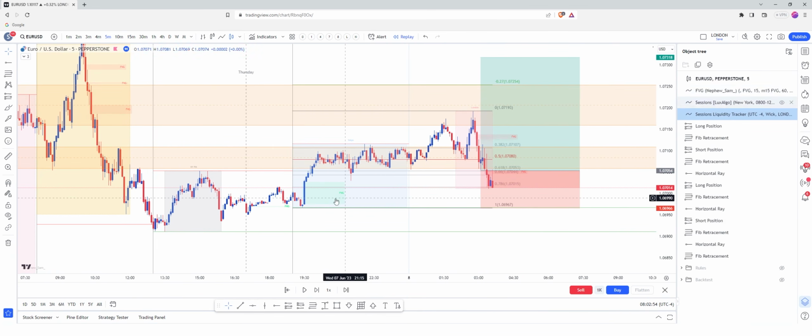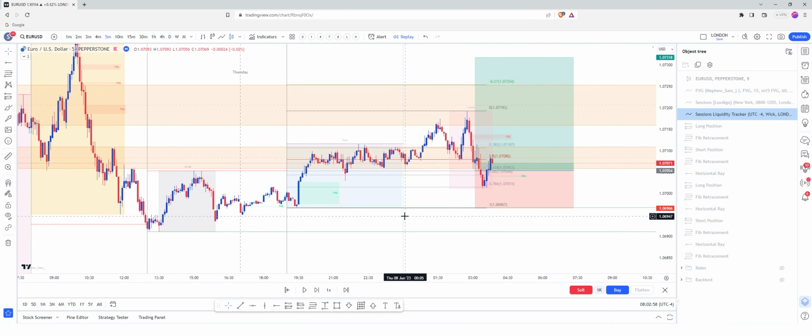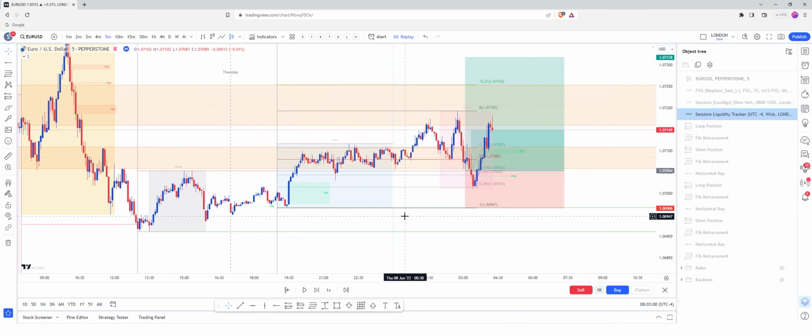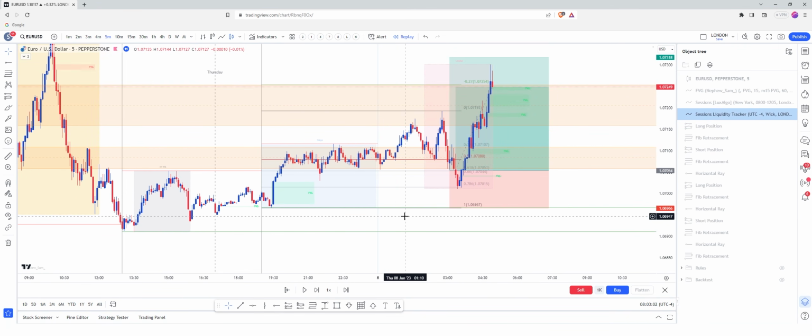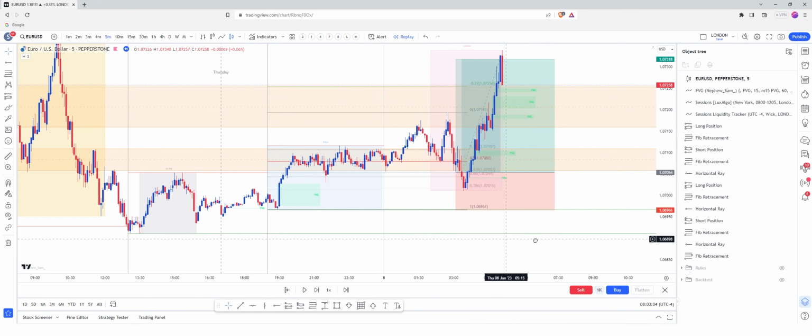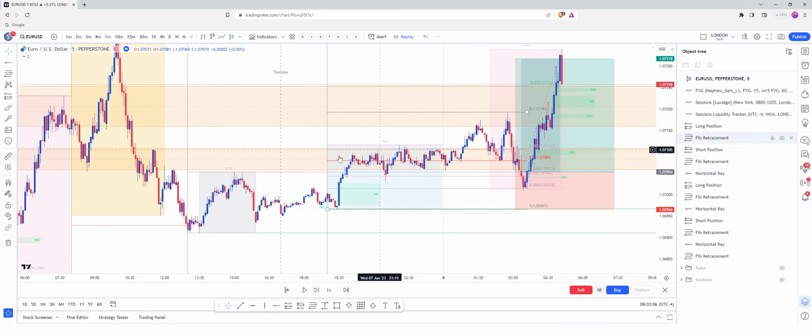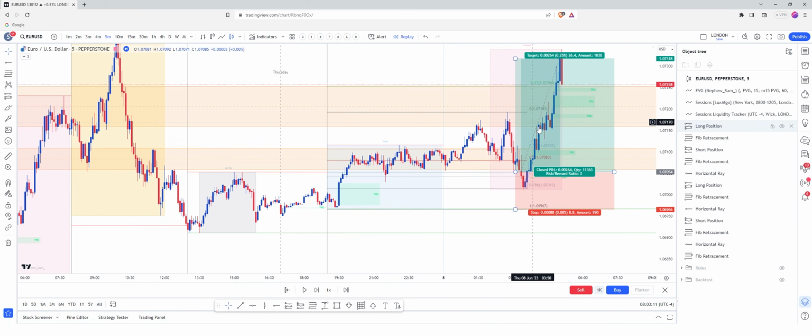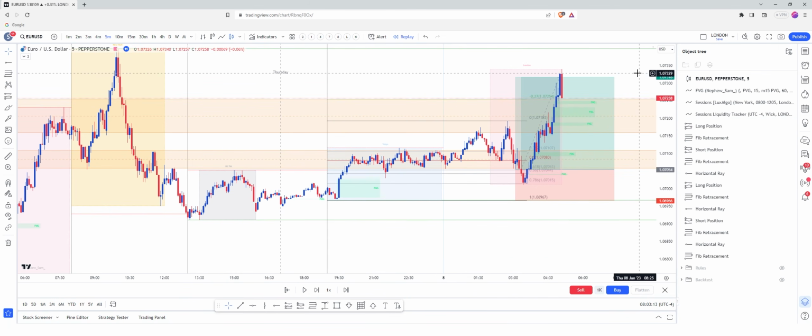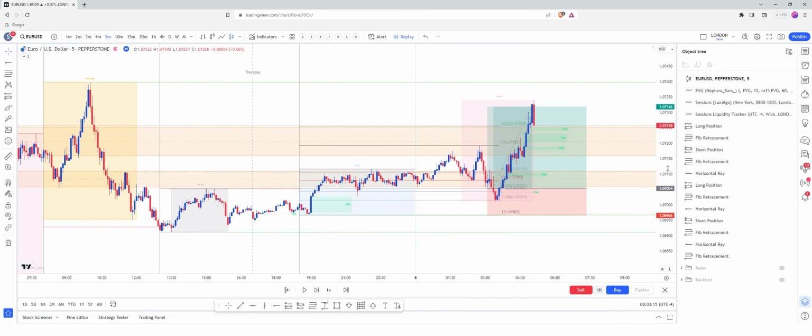Price is pulling back. We're into this fair value gap also as additional confluence. The price begins to pull away quite aggressively, ultimately hitting the 3R. So this is where you can observe the price action in Asia just to get a feel for what potentially may happen into the London session and then continuing through the rest of the day.